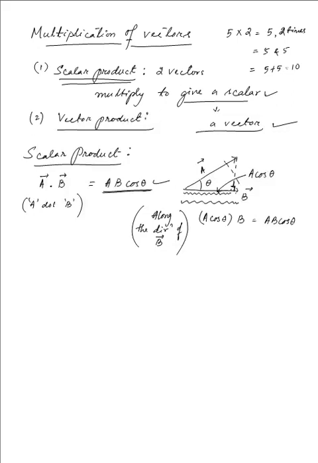I am dropping a perpendicular from B on A. This perpendicular dropped over A, obviously you have the same angle theta, and so this curl part that I have just marked with red is B cos theta, just the other way around, while this entire thing is the A vector, right?